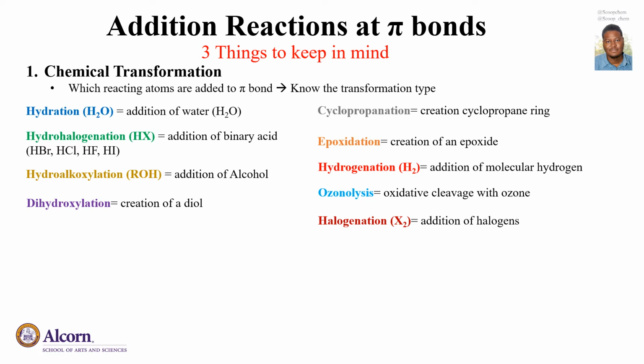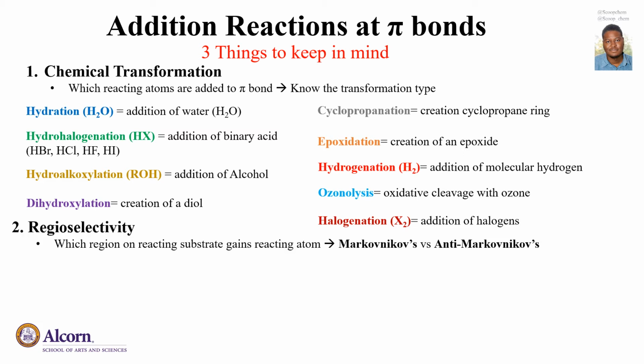Halogenation is going to add halogens across your pi bond. If we can keep these transformations in mind, we'll be able to at least cover part 1 of learning all our reactions, to know which transformation is occurring first.